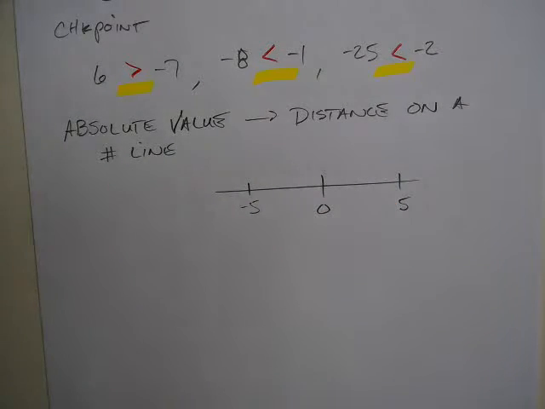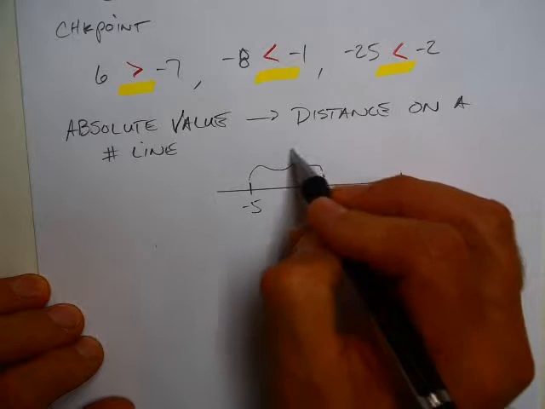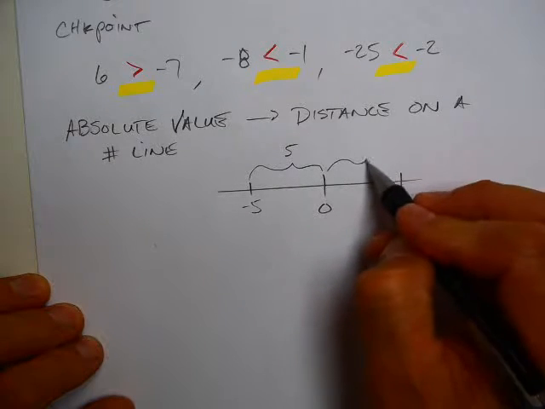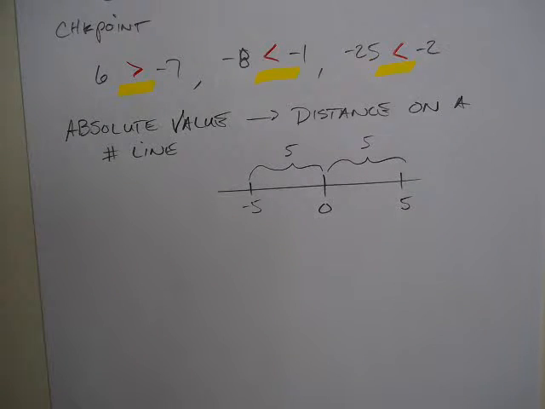The idea of absolute value is that both of these, negative 5 and 5, are 5 spaces away from 0. Direction isn't important. It's how many spaces.